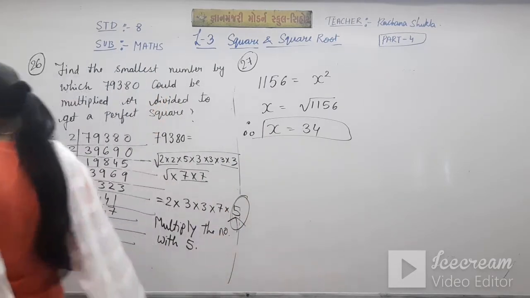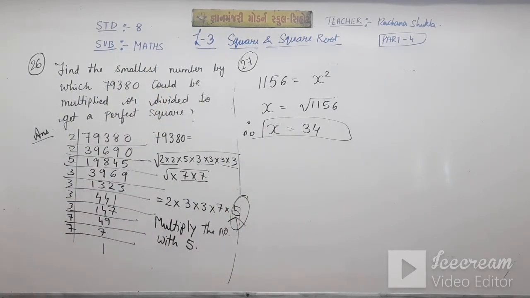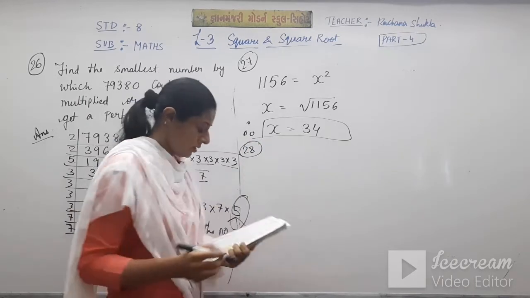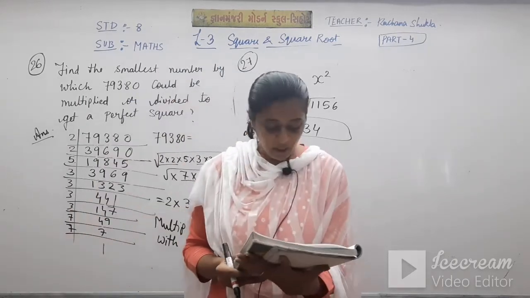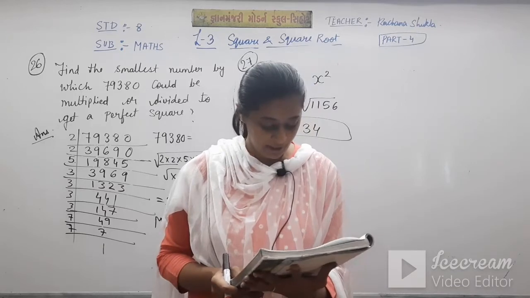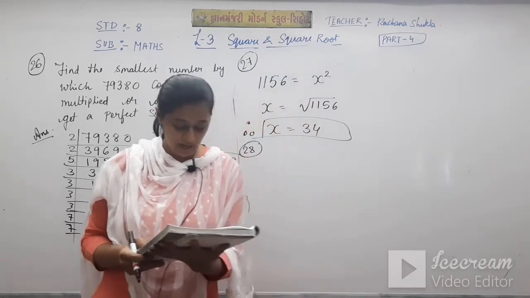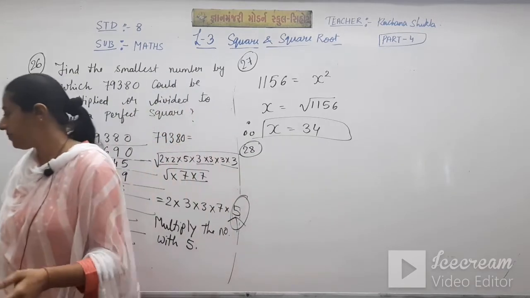Next question after 27, it's 28. The question is, the perimeter of a square field is 176 meter. What is the area of the field?